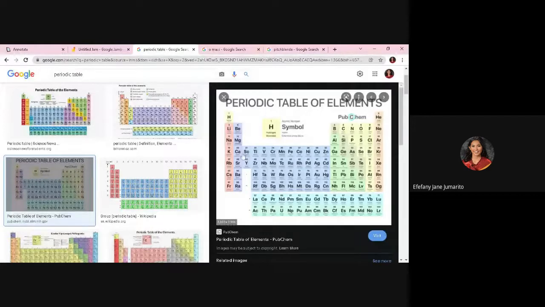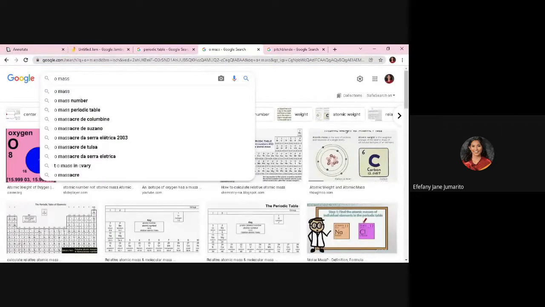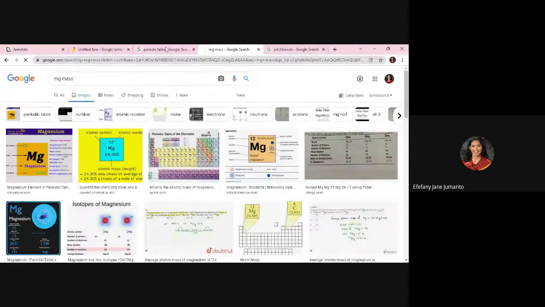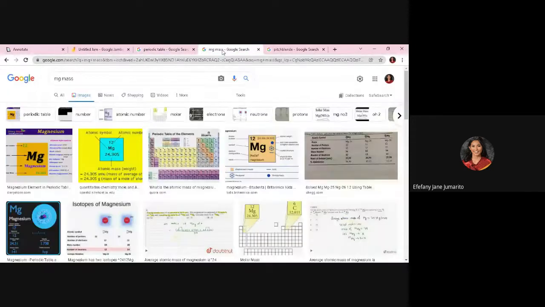If we have magnesium, what is the atomic mass of magnesium? 24. Magnesium has atomic number 12.